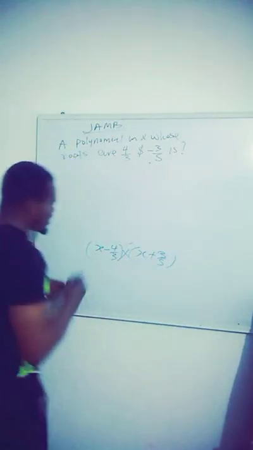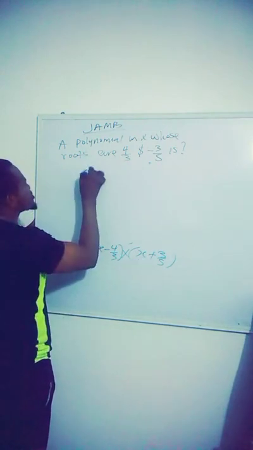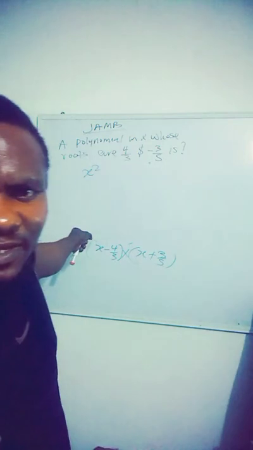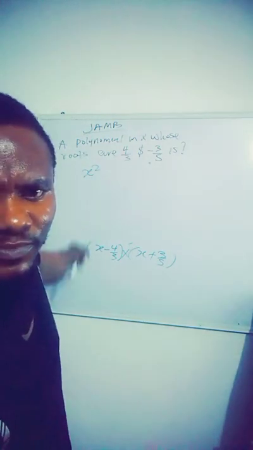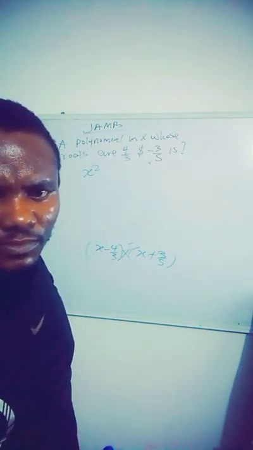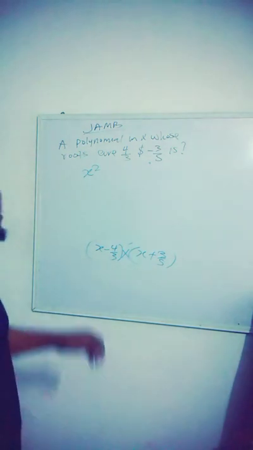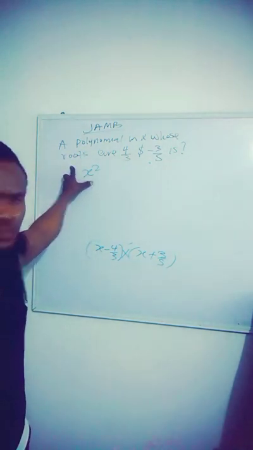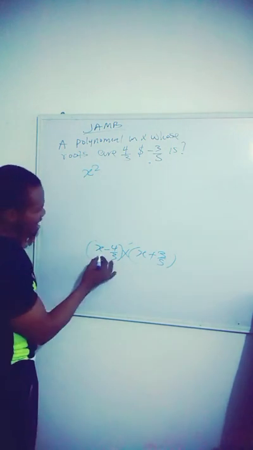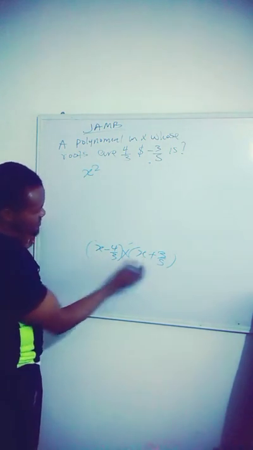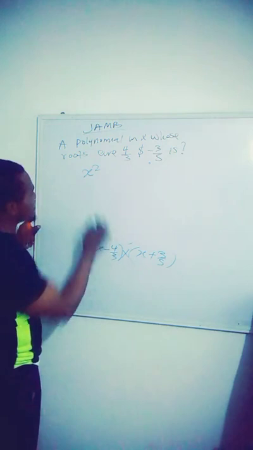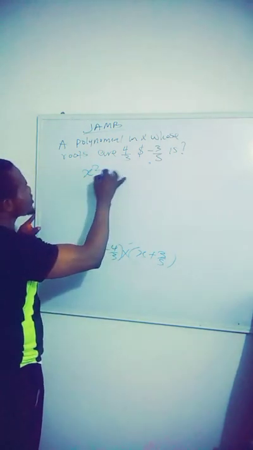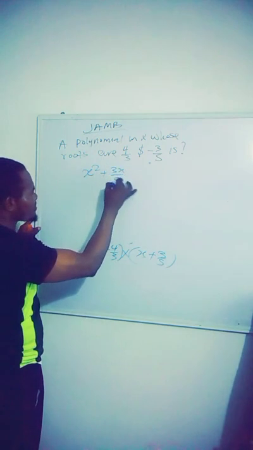So let's multiply s times s, that is s squared. Can you see the color of the marker? Is this clear? Okay, then s times 3 over 5, you have plus 3s over 5.